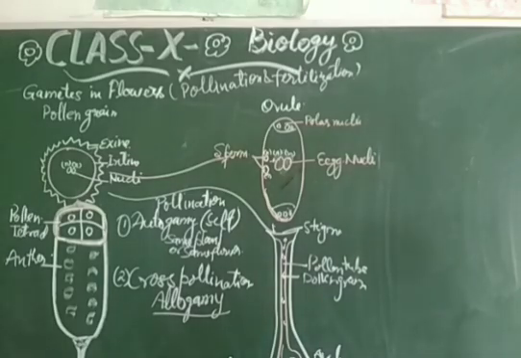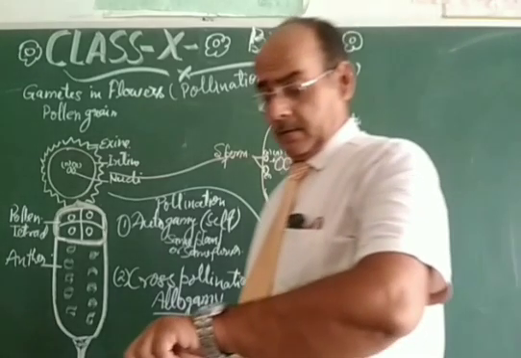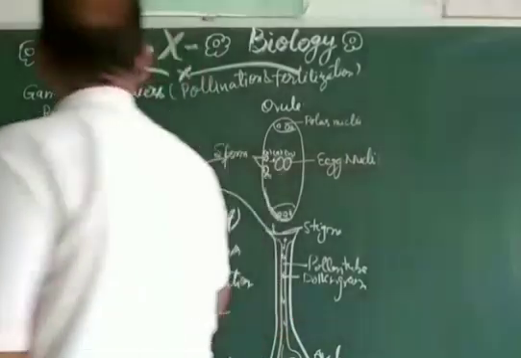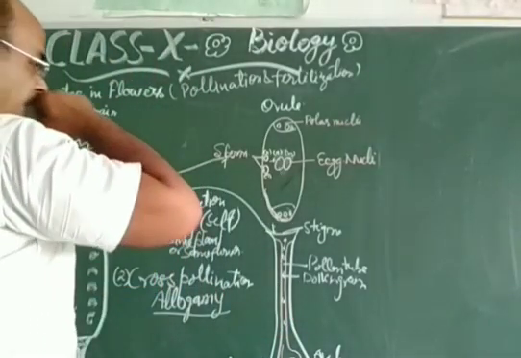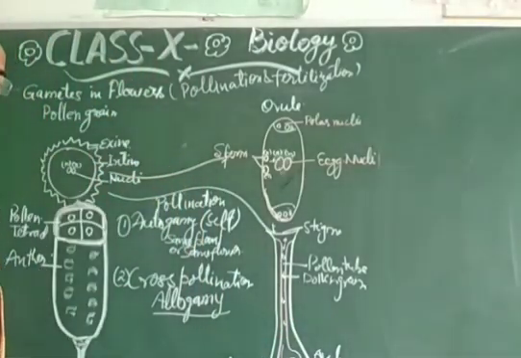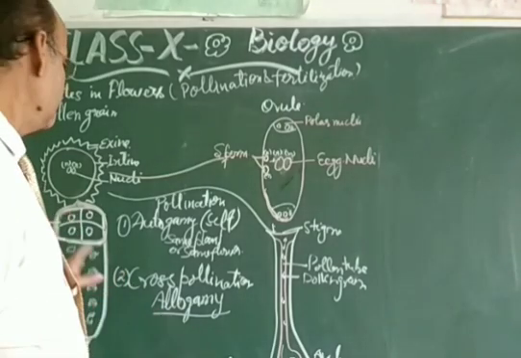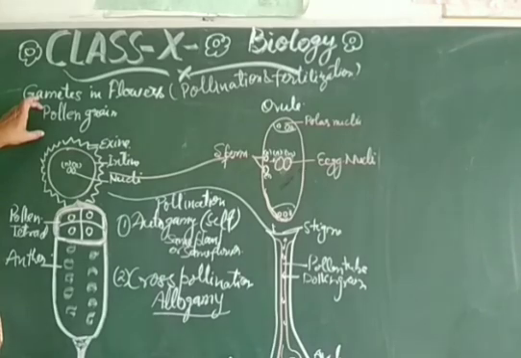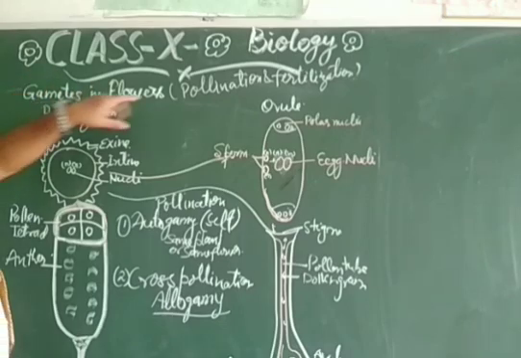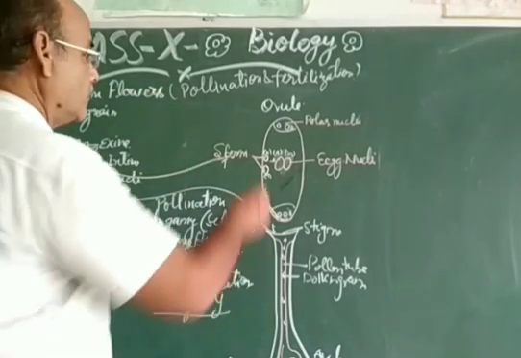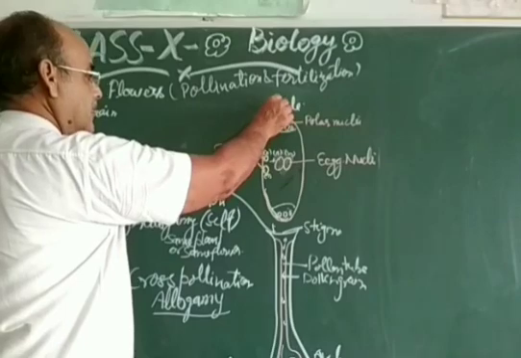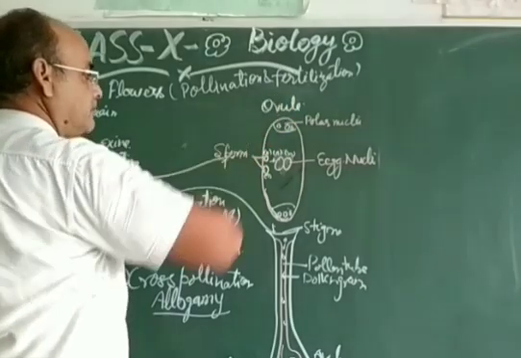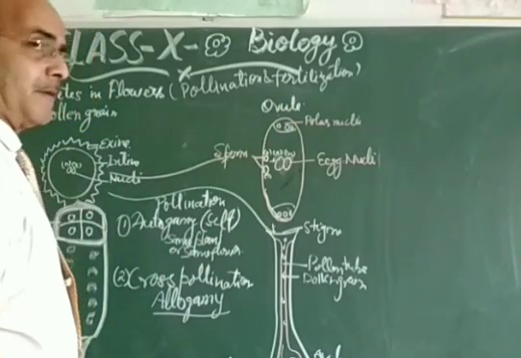Yes, dear students, you are here at the point of understanding the pollen grains. This is the male gamete, these are the gametes in the flower, and the ovule is the female gamete.